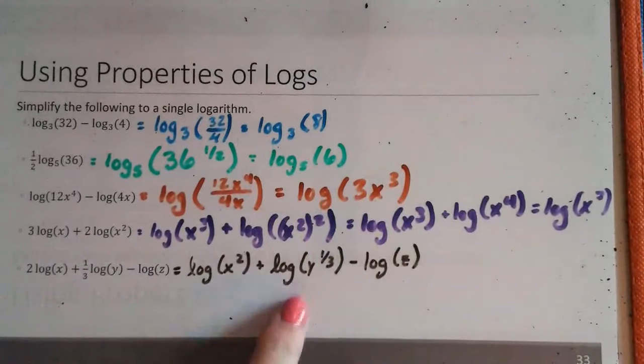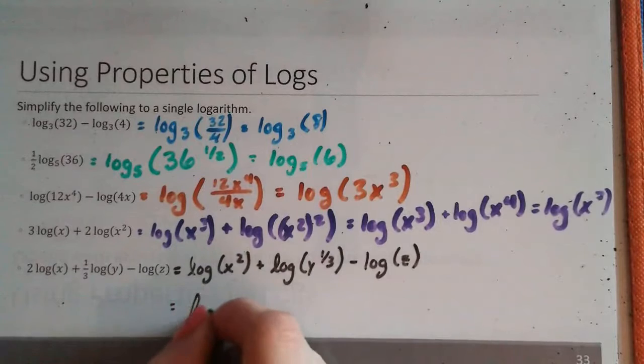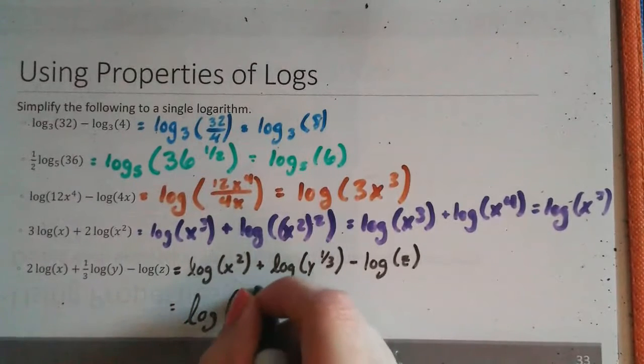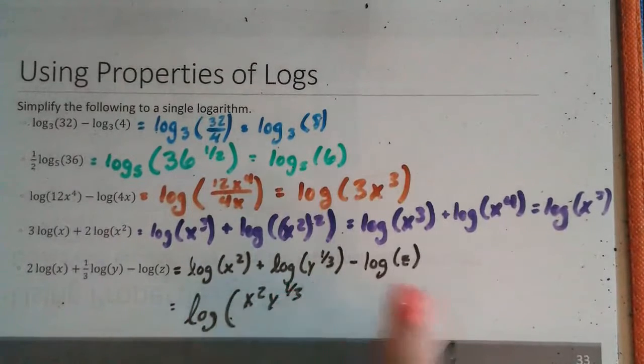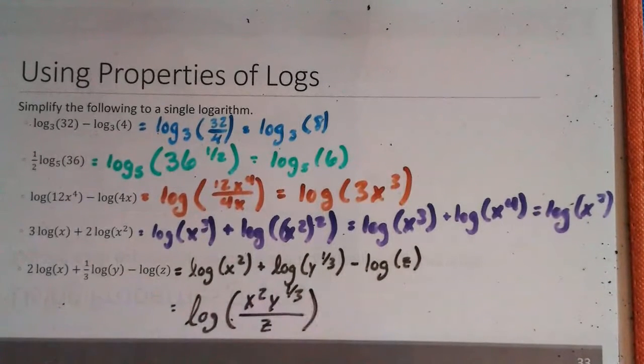These two are added, so they're going to get multiplied together when I put them together. We'll have the log of x squared y to the 1/3. This log of z is subtracted, so I need to divide by that one. So the z goes in our denominator.